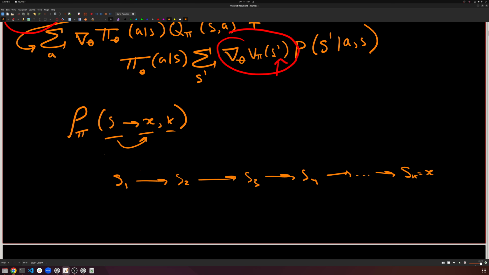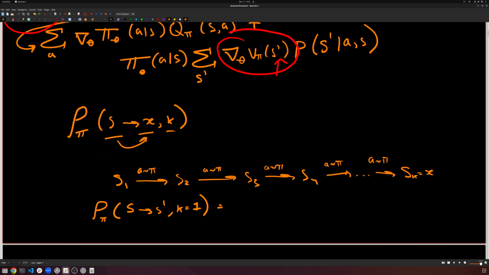And every time we do a transition, we're sampling an action from our policy. The policy prescribes the action at a state, so we just do whatever the policy says, and we do all these transitions. A single transition would just be this. It's rho, not p, but they look the same. A single transition is going from s to s prime, from one state to the next state, with k equals 1.